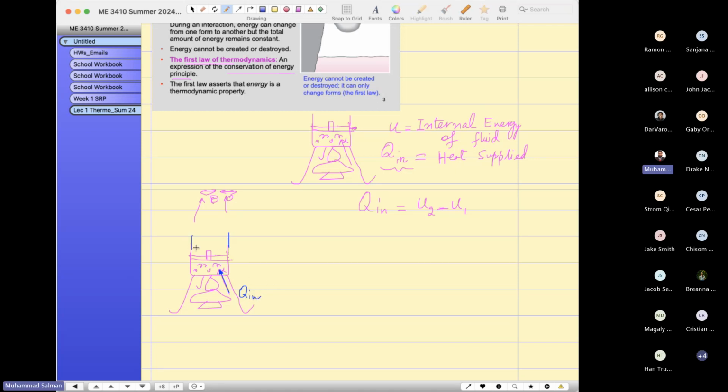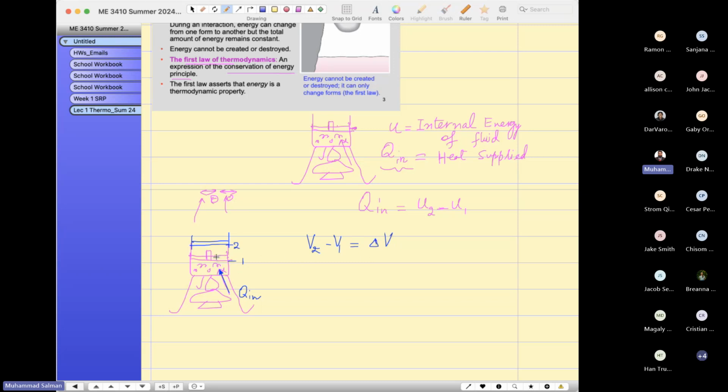And if the lid moves from position 1 to position 2, we call it V2 minus V1, the change in volume.